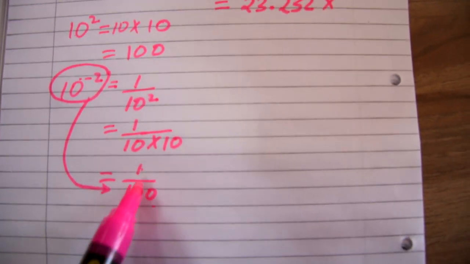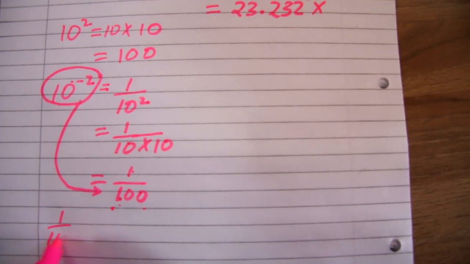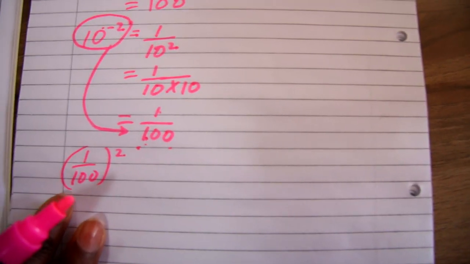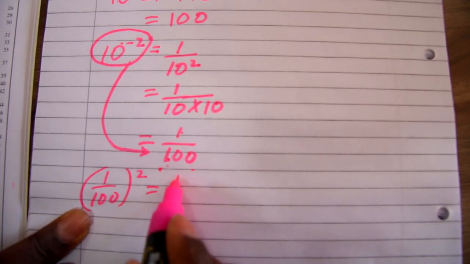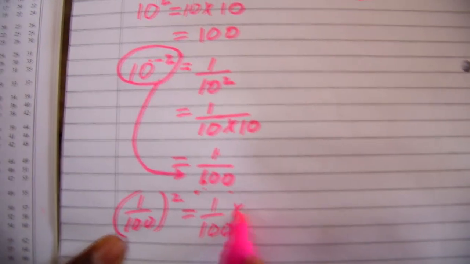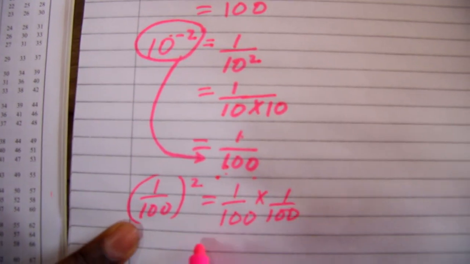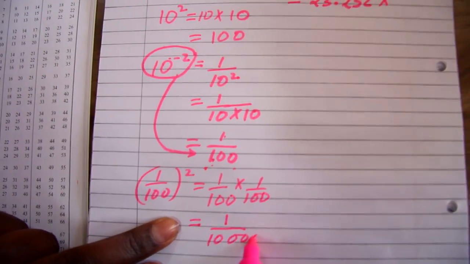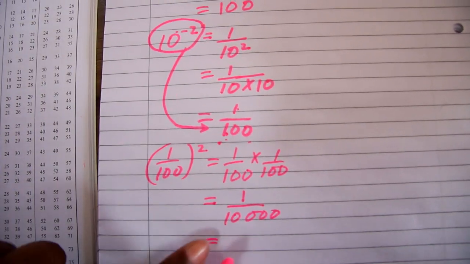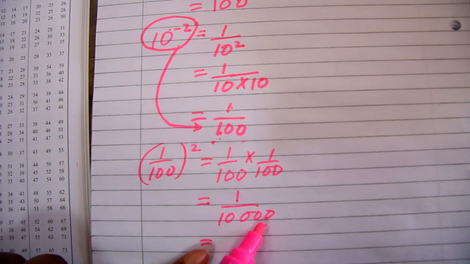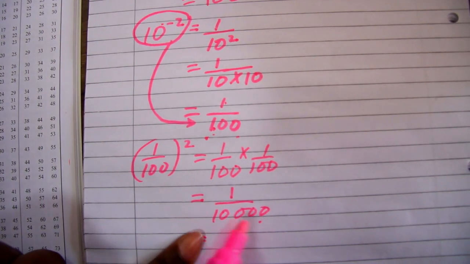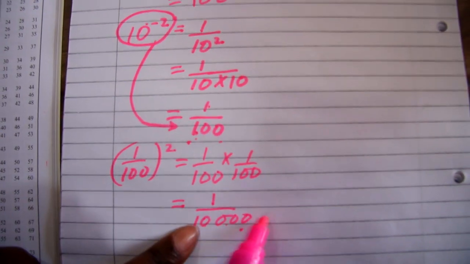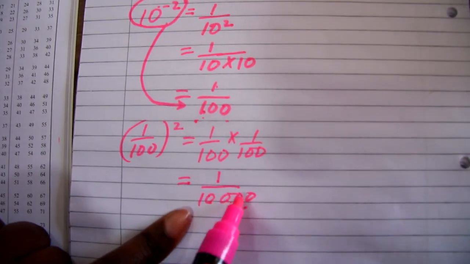Now if we square 1 over 100, 1 over 100 squared, remember we squared a fraction during the introduction. This is the same as 1 over 100 times 1 over 100. If you multiply, you will obtain 1 over 10,000. Now, 10,000 can be written in the form of power, that is to the power of 10. So 10,000 has got how many zeros? 1, 2, 3, 4.